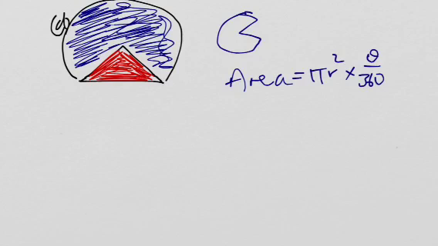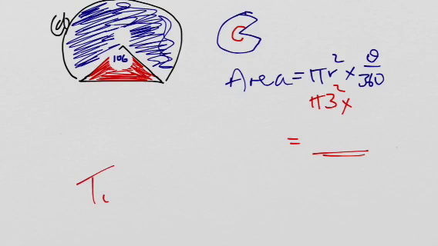Well, if you've been remembering what we've been doing, we know that this angle here from part B is, I'm just going to tell you, 106. So therefore, you should be able to work out this angle, by taking it off 360. You know the radius is 3, so that's pi times 3 squared times the angle, divided by 360. That's going to tell you the area of the blue part.